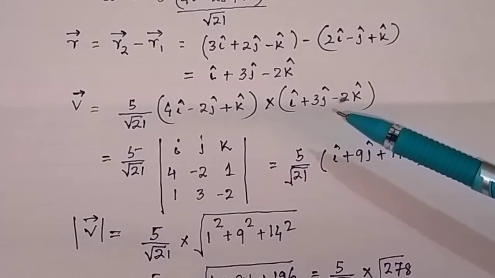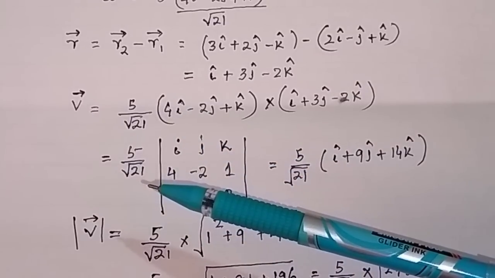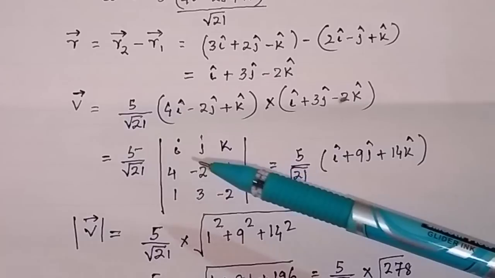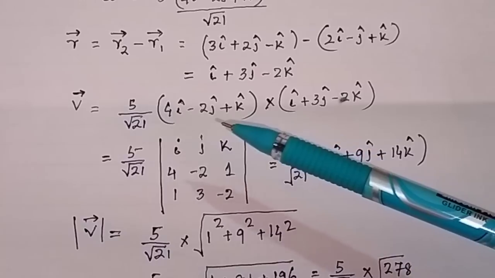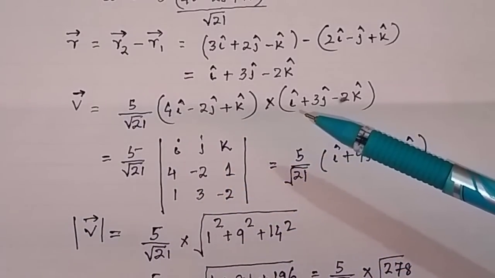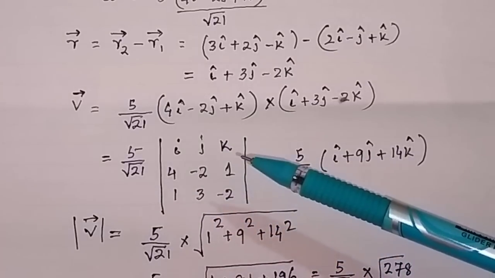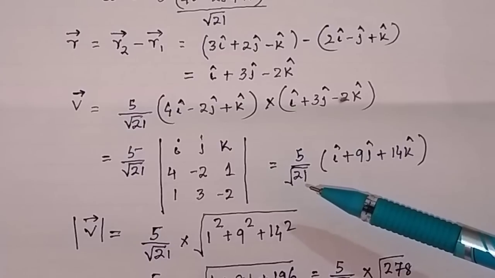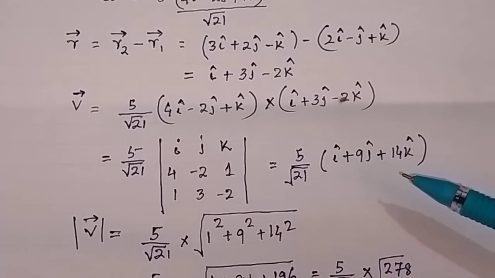If you take the cross product, you take the determinant of i, j, k; the coefficients 4, minus 2, 1, and here 1, 3, minus 2. If you take the determinant, this will be equal to 5 divided by square root of 21 times i cap plus 9j cap plus 14k cap.